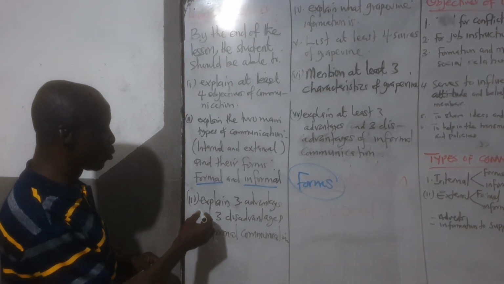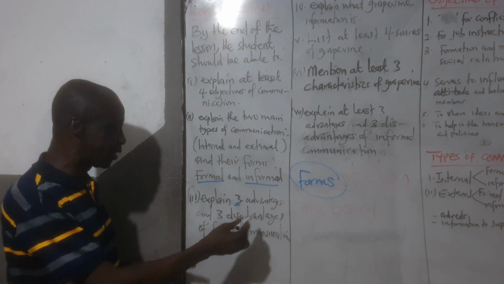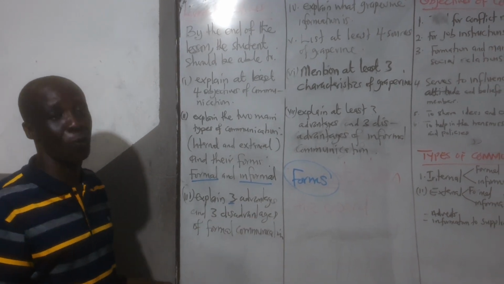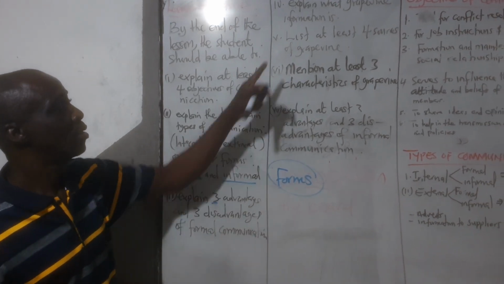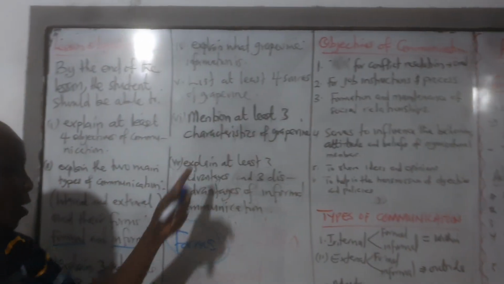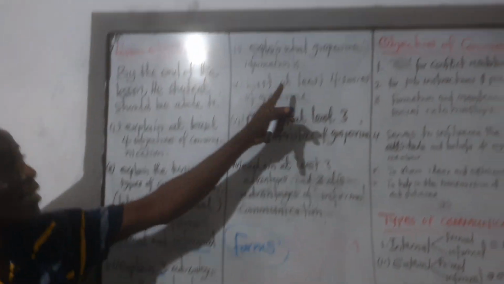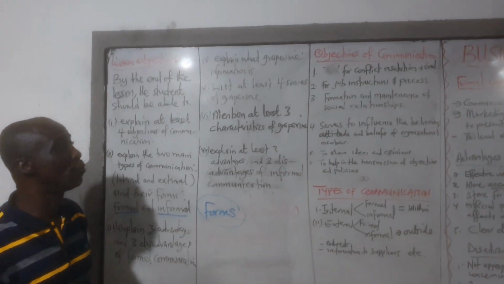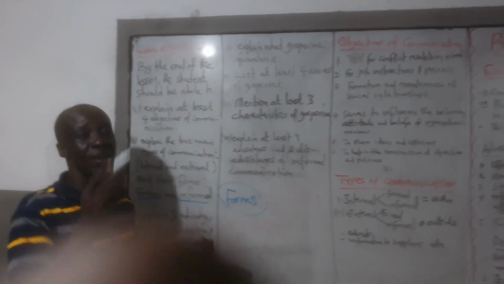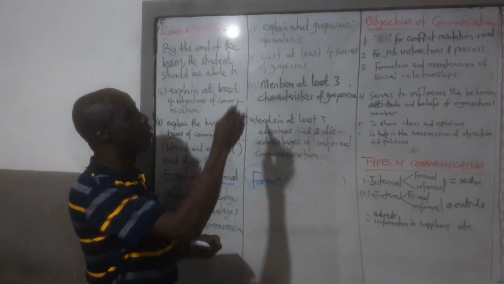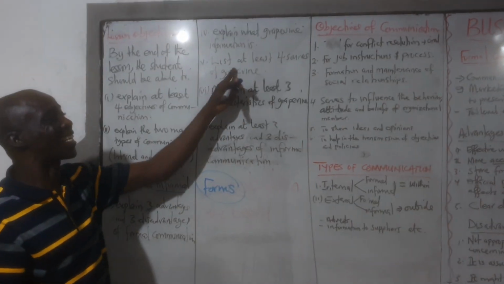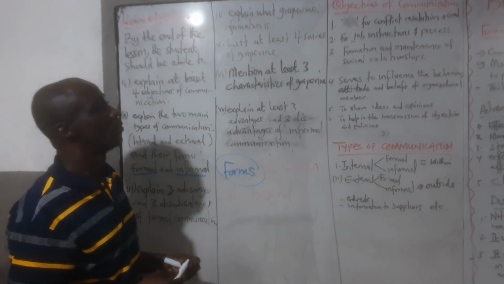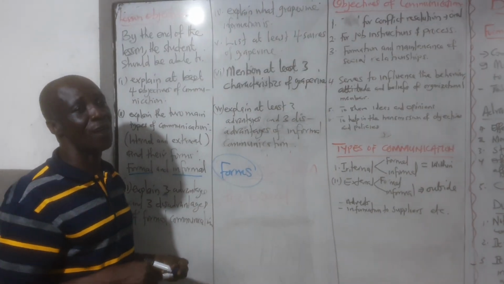Then you should also be able to explain 3 advantages and 3 disadvantages of formal communication. Informal communication is the same as grapevine. So when you say grapevine, what is it? You should be able to explain what grapevine is. Then you should also be able to list at least 4 sources of grapevine information.